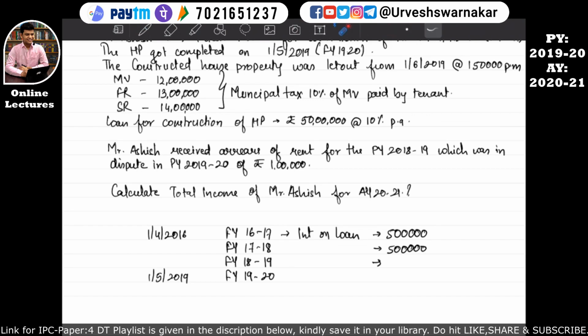In the previous year 1819 also the loan is there, so the interest will be paid of 5 lakhs. And in the financial year 1920, that is our previous year 1920, that time also 5 lakhs interest will be paid. Okay, so I have written all the interest that the assessee will pay from the date of taking of the loan till the end of the previous year. In each year he is paying 5 lakhs of interest. I hope this is quite clear.